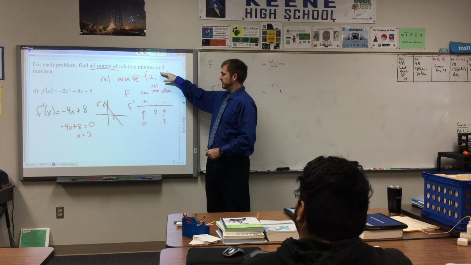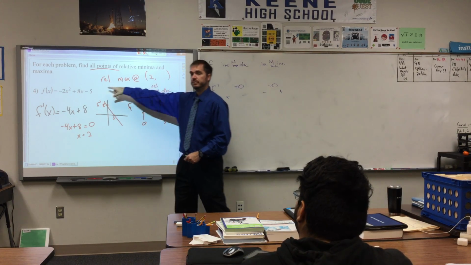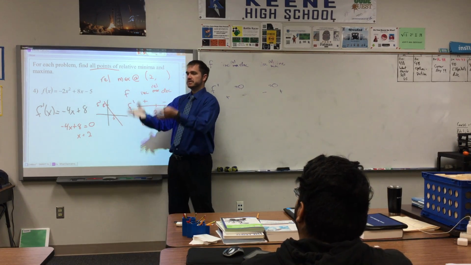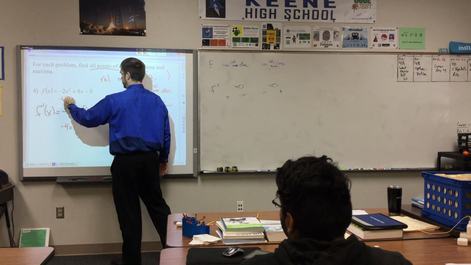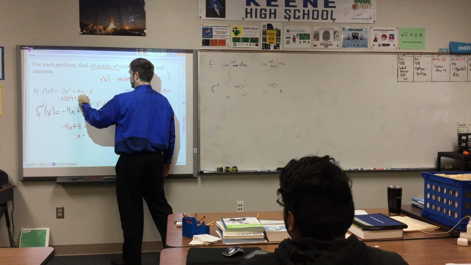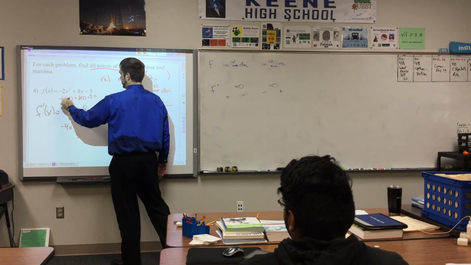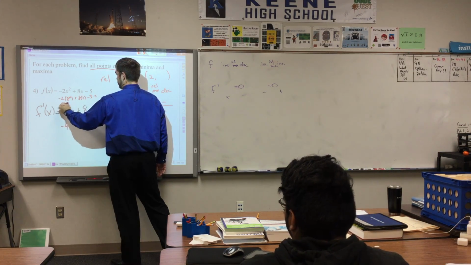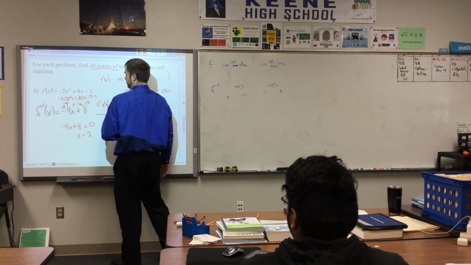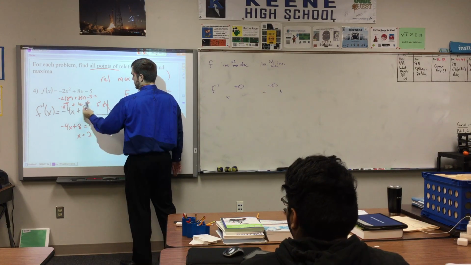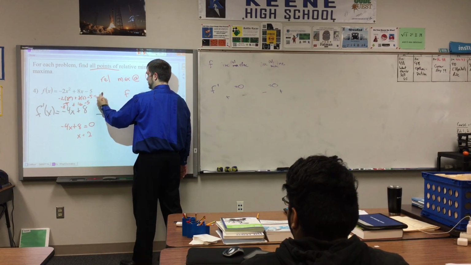I need to find what 2 gives on the original function, because that's going to tell me the y-value. So negative 2 times 2 squared plus 8 times 2 minus 5. So that's negative 2 times 4, which is negative 8, plus 16 minus 5. So negative 13 plus 16, so it looks like 3.